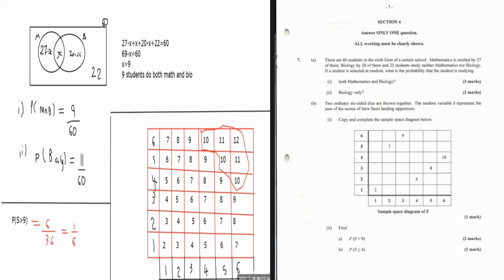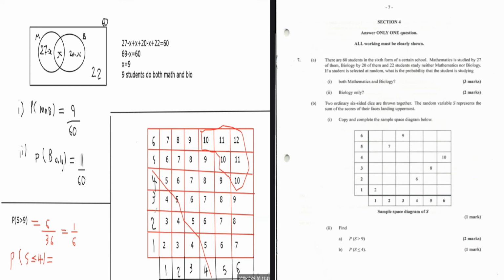I want the probability that S is less than or equal to 4. Find the probability that the score is less than or equal to 4. The probability S is less than or equal to 4 will be equal to all of these down here. 4 is all of these. 1, 2, 3, 4, 5, 6, 7.